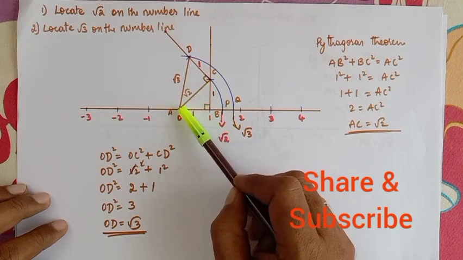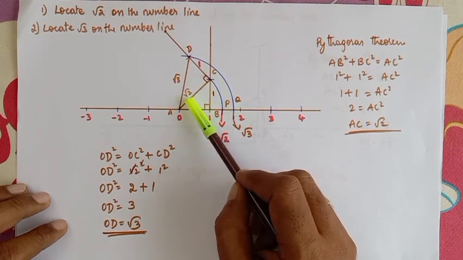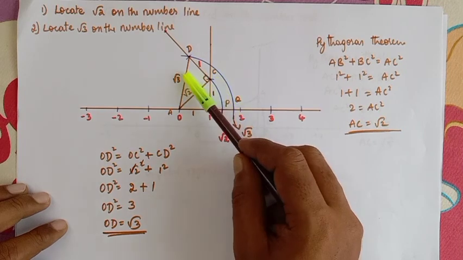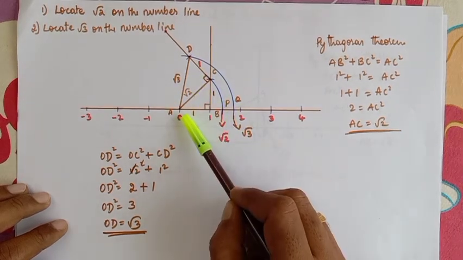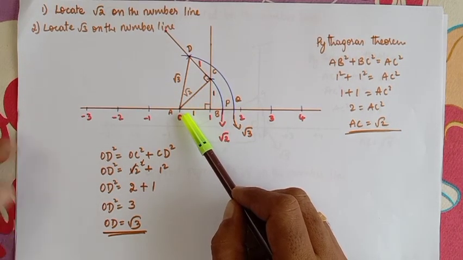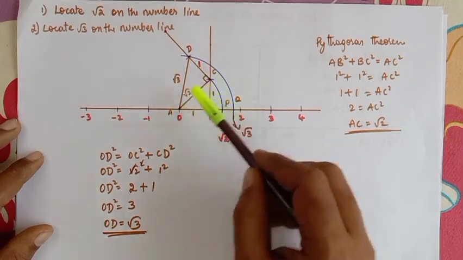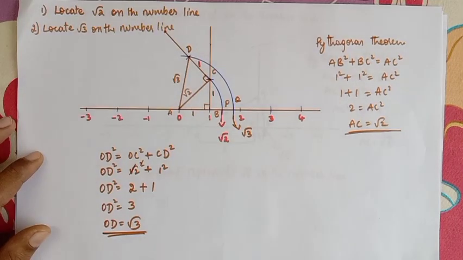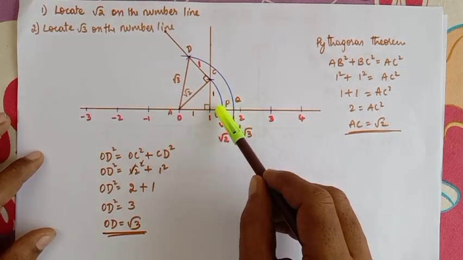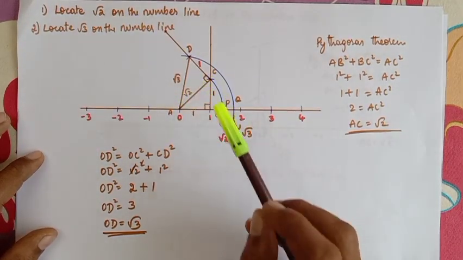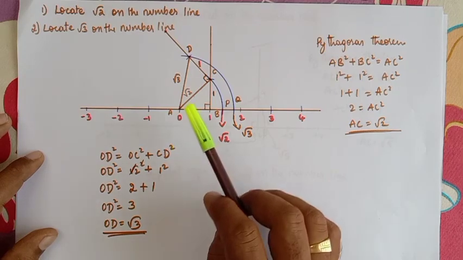This hypotenuse we will get. With the help of this hypotenuse only we can calculate root 3. There is no other way. So we will get root 3 by first finding the length of root 2. That is not to be forgotten.